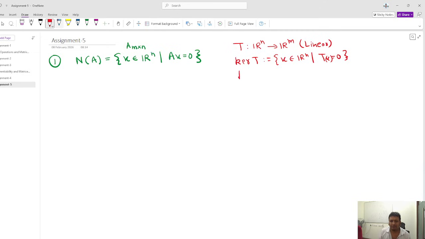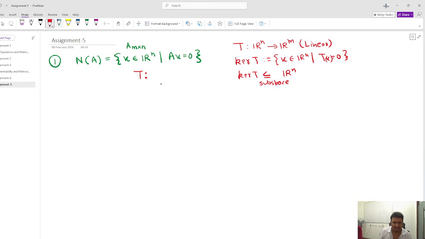And you might have proved in class that the kernel of T is a subspace of the domain.